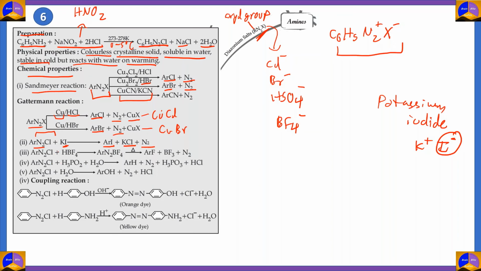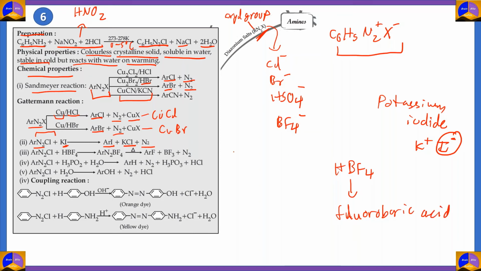And this replacement reaction can also work with fluoride ions. However, we use HBF4 instead of substances like KI or KF. This acid is known as fluoroboric acid, HBF4.